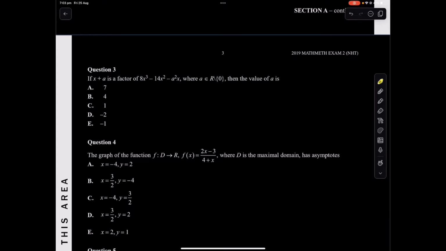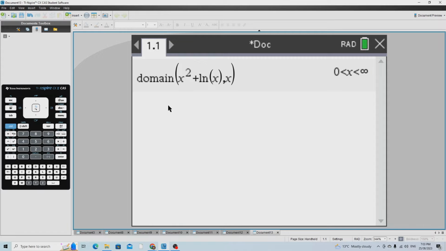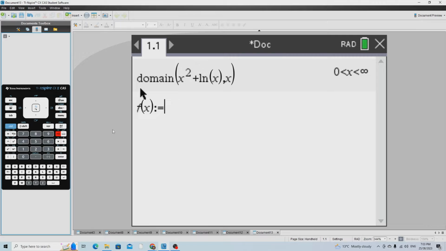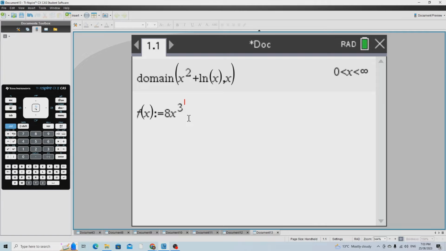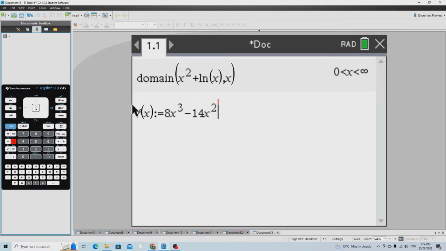If x plus a is a factor of this, where a is an element of the reals with the exception of 0, find the value of a. Okay, so go on your calculator and define f of x as the function. So f of x equals ax cubed minus 14x, then x squared, minus a squared times x.